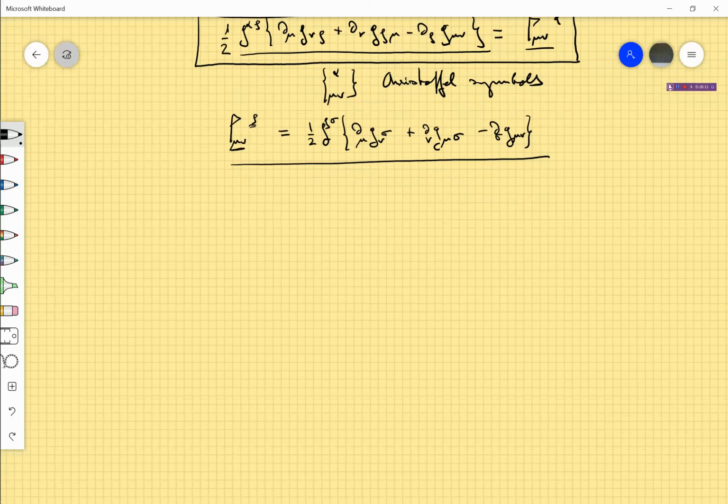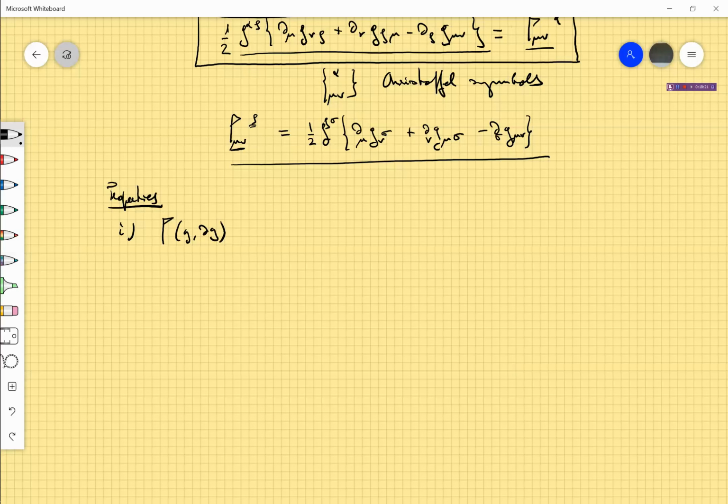So these properties. The first of them is obvious, we just said it: it depends only on the metric, through the metric itself and its derivatives. The second property is that it is symmetric. It's part of the definition. Oops, this is not symmetric, this is just wrong.